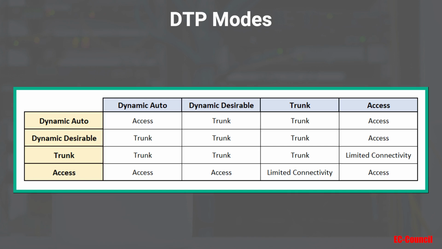However, if one side is dynamic auto and the other side is dynamic desirable, the overall result will be a trunk. To put it simply, dynamic desirable means that it wants to be a trunk. However, it is not recommended to have one side access and the other side trunk, because you will have a lot of connectivity problems on that link.